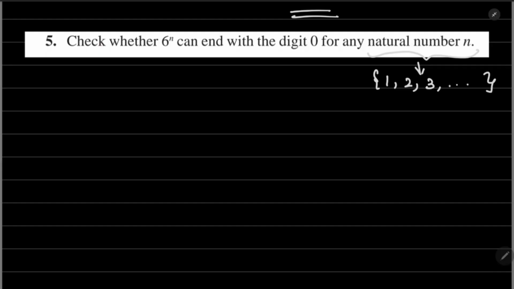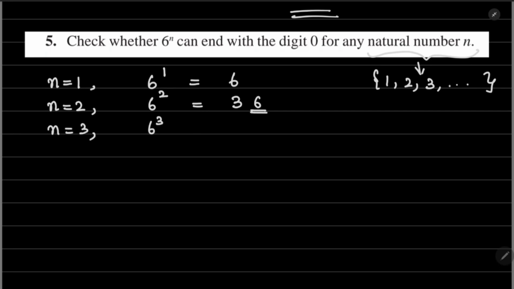Okay, so for n equal to 1, 6 raised to the power 1 is 6. For n equal to 2, 6 raised to the power 2 is 6 square. 6 into 6 is 36. So it ends with 6. For n equal to 3, 6 cube is 216. It again ends with 6.